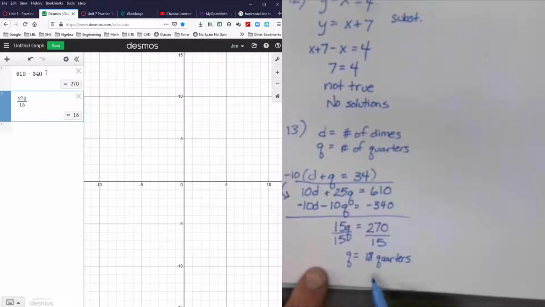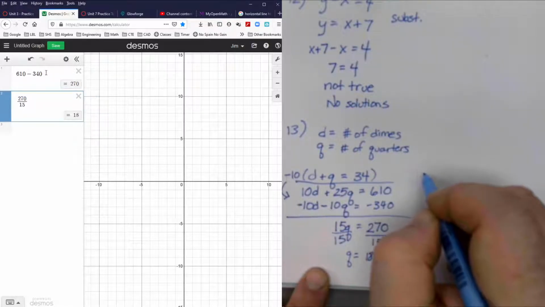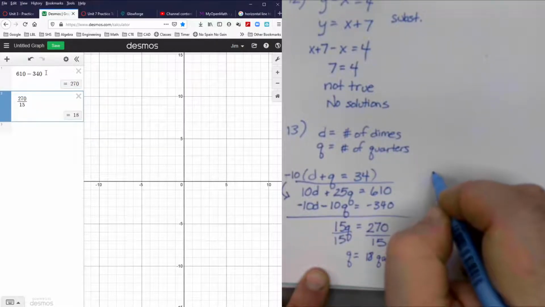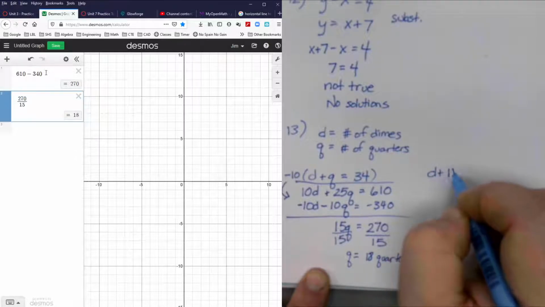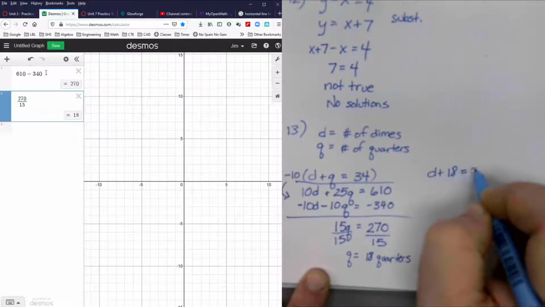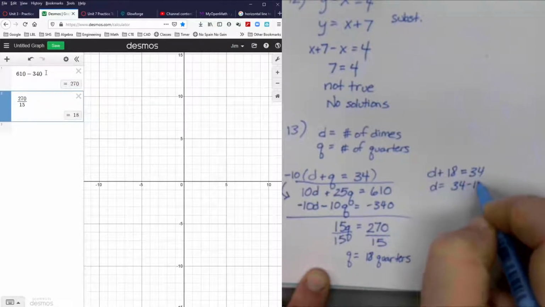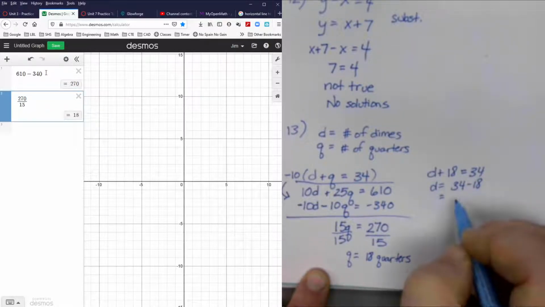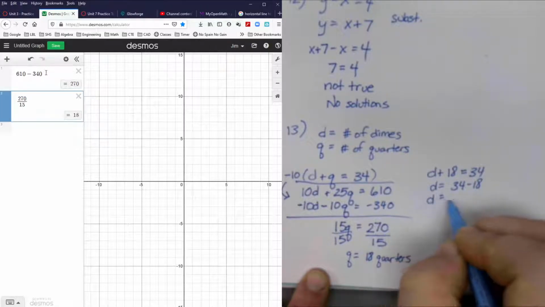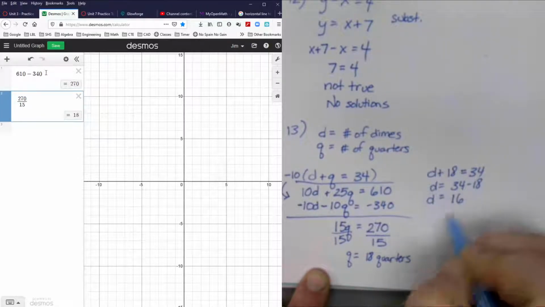If they have 18 quarters, I know that they have a total of 34 coins. So I know that the dimes plus 18 quarters is going to be 34. So my dimes are going to be 34 minus 18, which I believe is 16. So the number of dimes is going to be 16.